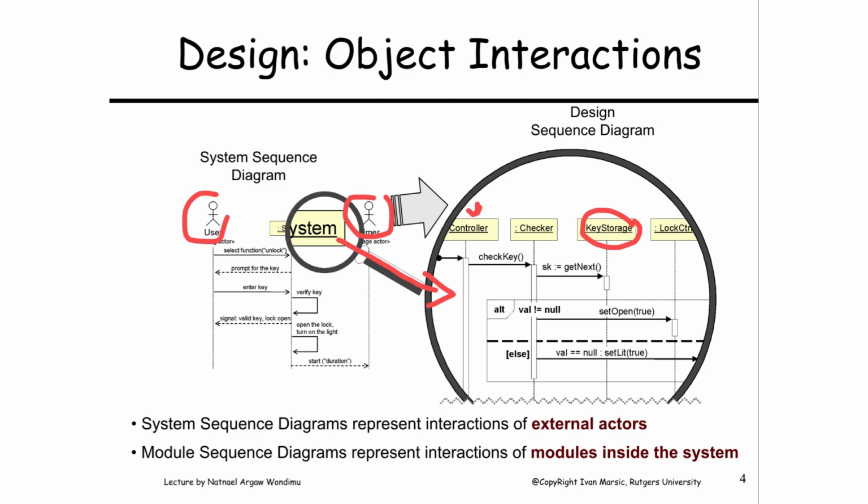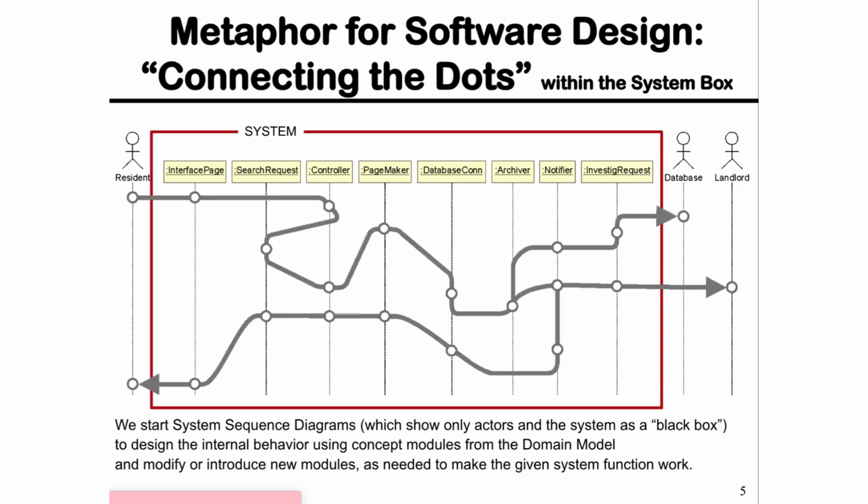But module sequence diagrams represent interactions of modules inside the system. So here in the system, which is the black box in the case of system sequence diagram, in the case of module sequence diagram, this will be further expanded into various objects that interact with each other. We'll see more about module sequence diagrams in the next consecutive slides.